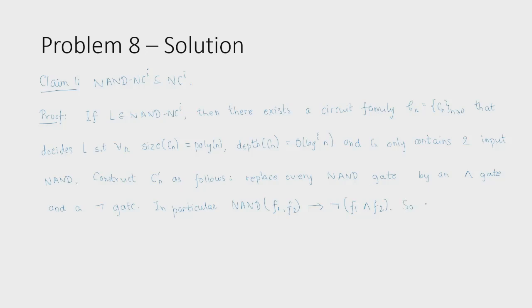Because of the definition of NOT, C_n and C'_n are equivalent circuits.